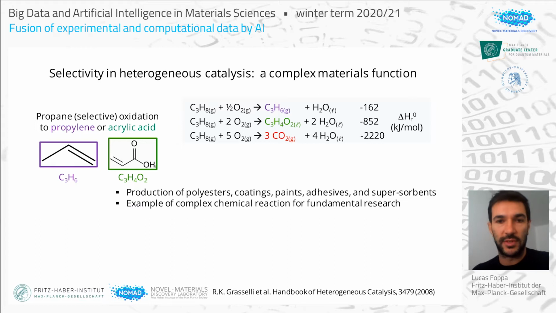So it's a very versatile molecule that can be used for several applications. And the second reason is that the formation of this acrylic acid is an example of a very complex chemical reaction. And there's a lot of fundamental chemical research to describe the formation of this molecule in oxide catalysts. So let me explain further why it is so complicated to form this acrylic acid.